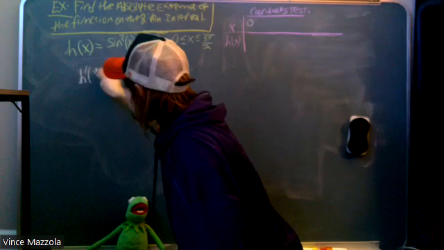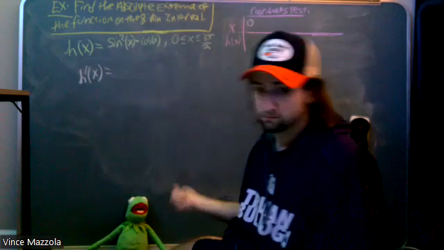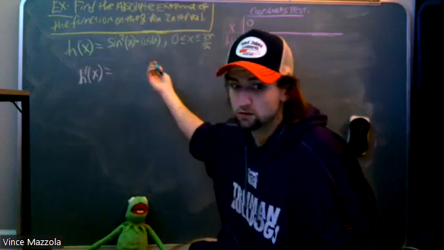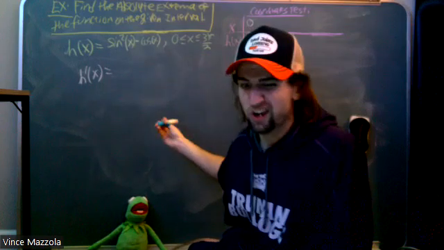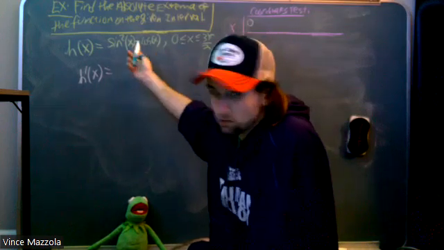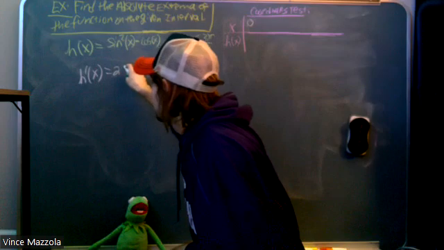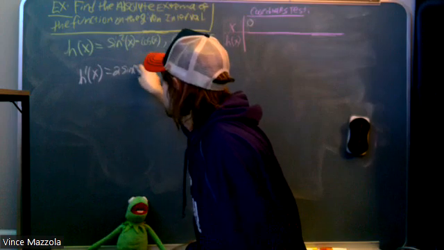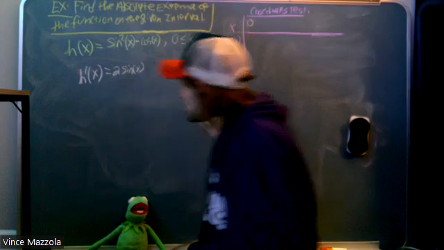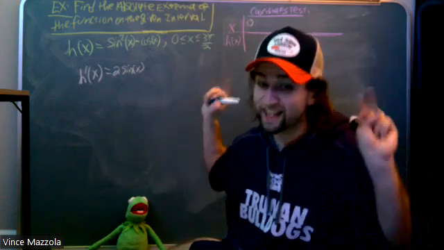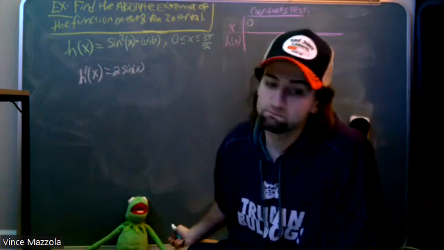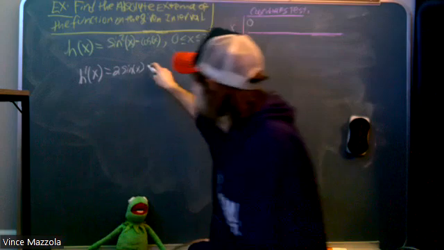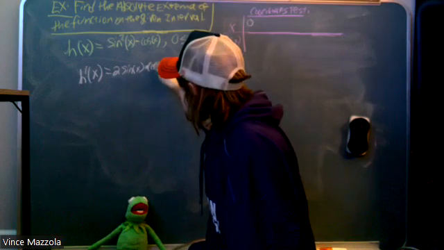So h prime of x is equal to, well, sine squared's derivative is a chain rule. You do the power rule on the square: 2 sine of x, go down a power, times the derivative of your inside function, meaning the derivative of sine, which is cosine.